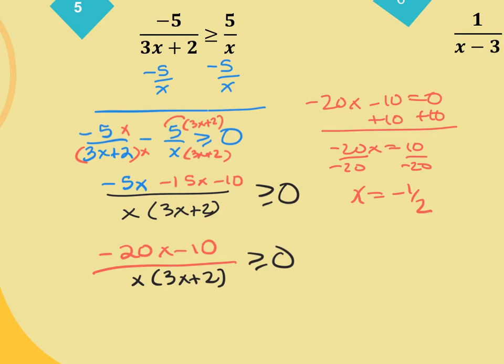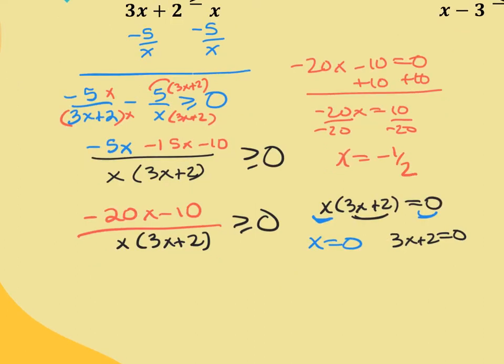For my denominator, I'm setting this equal to 0. Notice it's already factored, so I just take each factor and set them equal to 0. So first that one, and then this one. I need to solve the second one. The first one already gave me my answer.